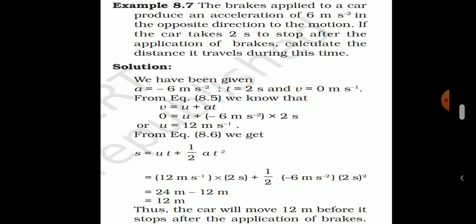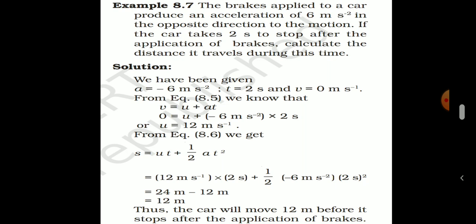We can find this initial velocity by the first equation of motion, v is equal to u plus at, where v is 0, u we want to find, acceleration is minus 6 and time is 2 seconds. On substituting the values, we get its initial velocity as 12 meter per second.